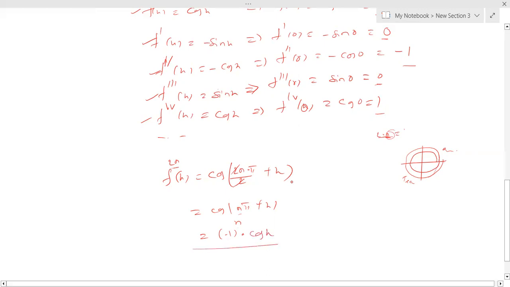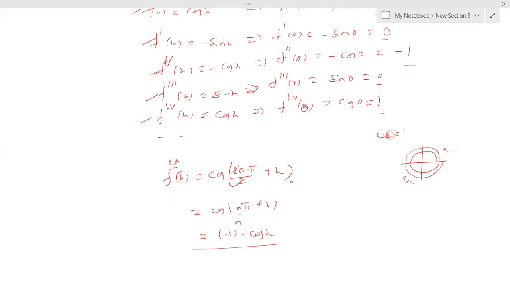So the 2n-th derivative of f(x) equals minus 1 whole power n into cos x. You remember this derivative of the function.